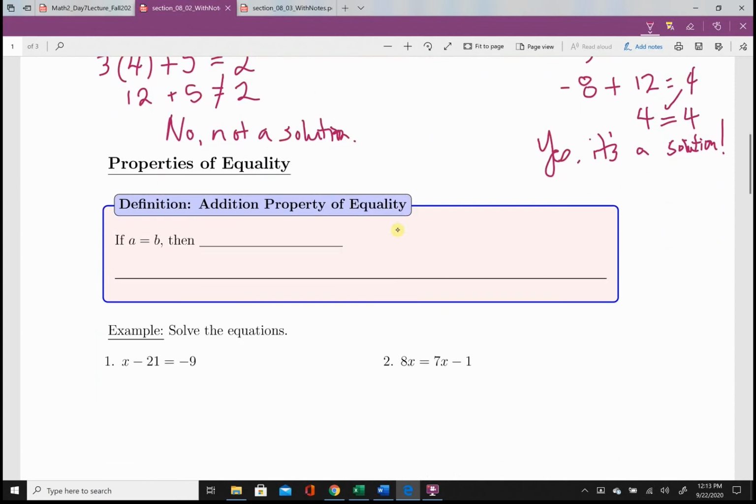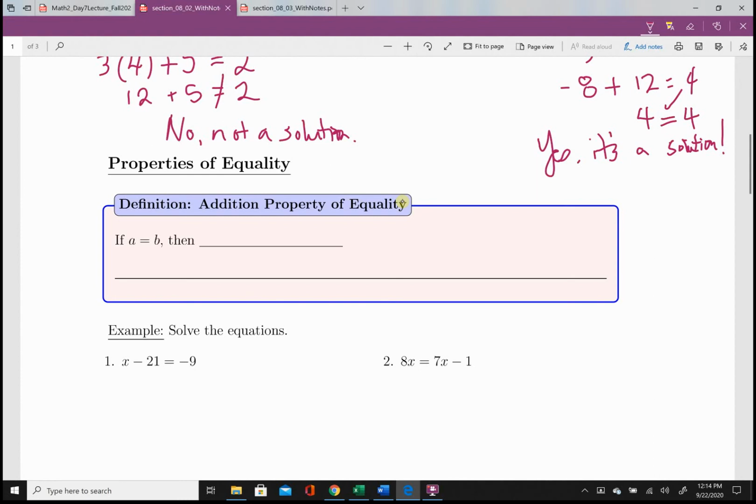Okay. Now that we have some sort of an idea of what it means to confirm if an input value is a solution or not, we might want to know how to manipulate an equation such that we can calculate what the solution is. So enter these properties of equality. The first one being the addition property of equality, which means you can add the same thing to both sides.